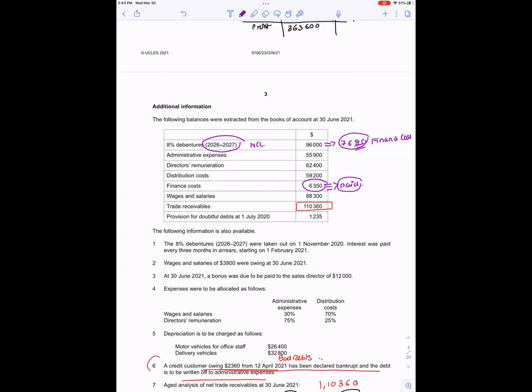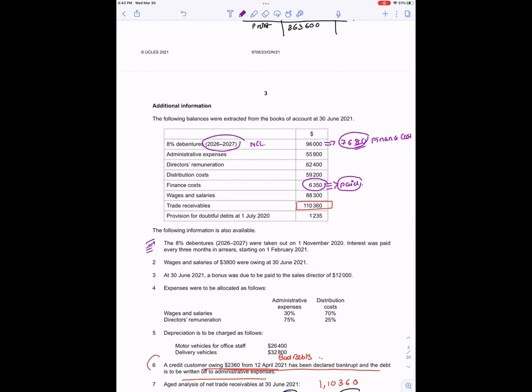But now they are telling you one more thing. These debentures were taken out on 1st November 2020. So November, December, Jan, Feb, March, April, May, June.